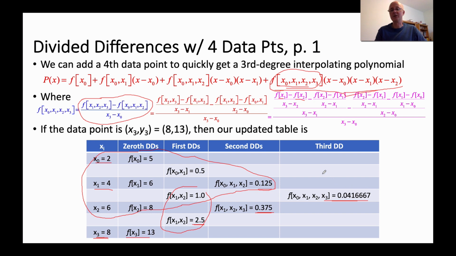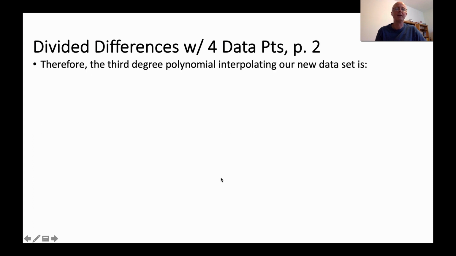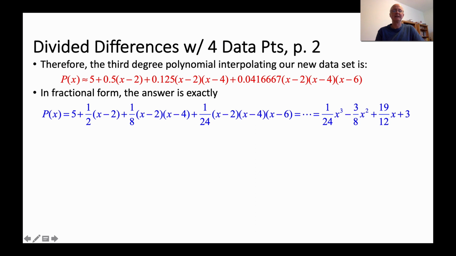So this is giving us a third degree interpolating polynomial. This number will be the x cubed coefficient. The x cubed coefficient will be 1/24. But these things in general are not the other coefficients. In fact, if you simplify it, here's what you get. That might be worth you taking the time to check as well.